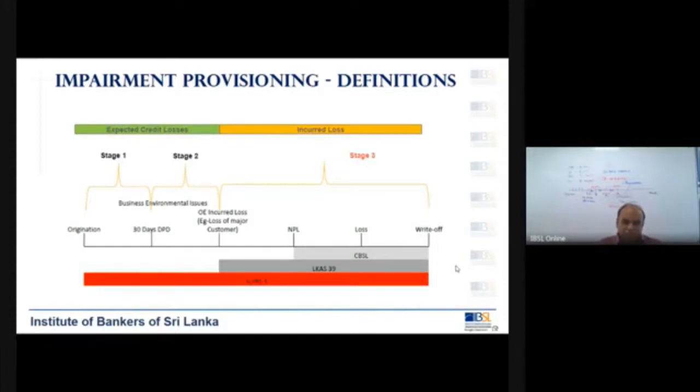But the same can be done when you give a pawning advance, right? You lend them against a gold article. There, after the maturity period, if the customer has not paid, you can auction the pawned article and recover your money.